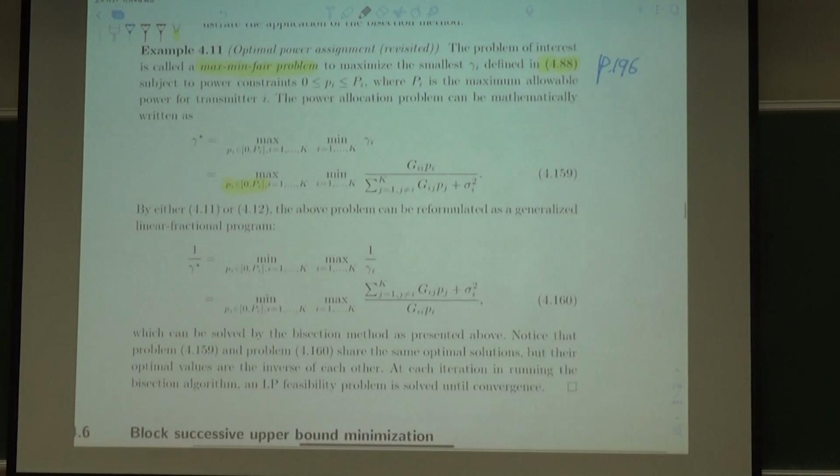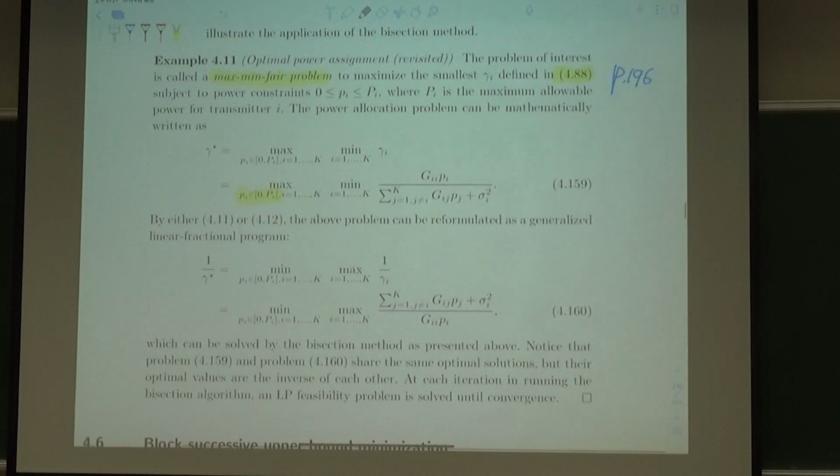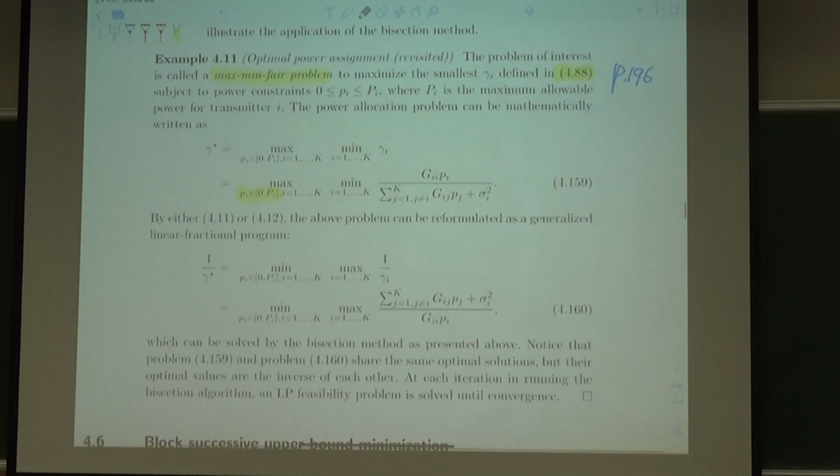Okay, this example is very, very interesting. Earlier in this chapter, we had an example which we called optimal power assignment. What is that problem?